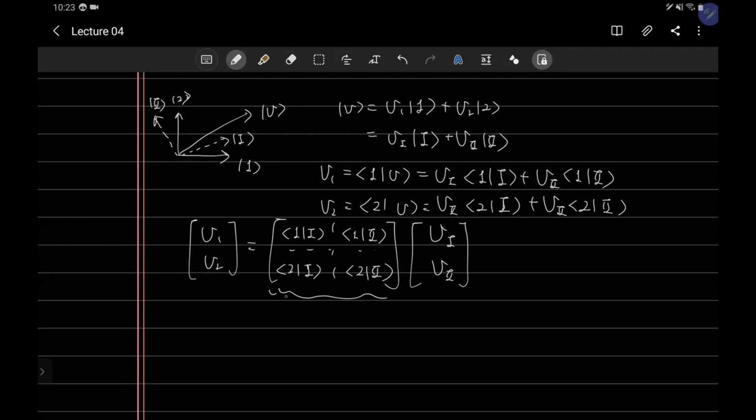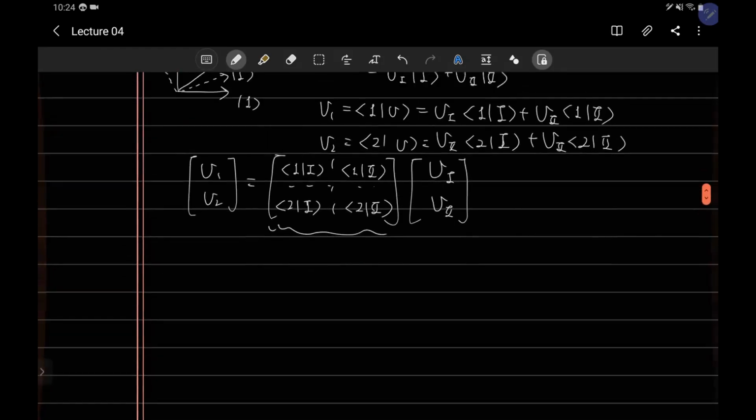I always mention that a matrix is a kind of representation in some given basis. So can we find the original operator corresponding to some given matrix? And the answer is yes. And how can we do that?